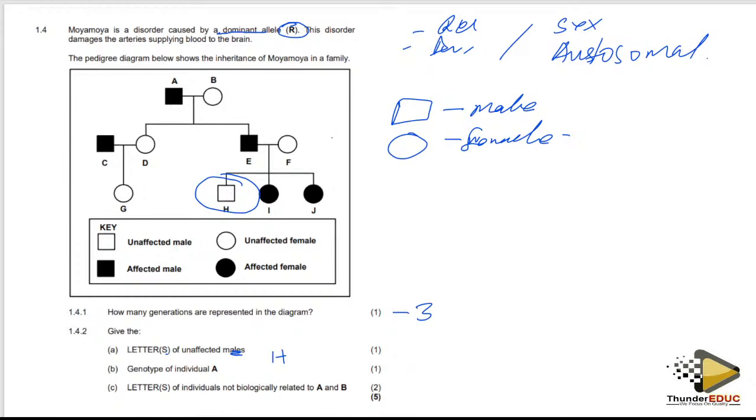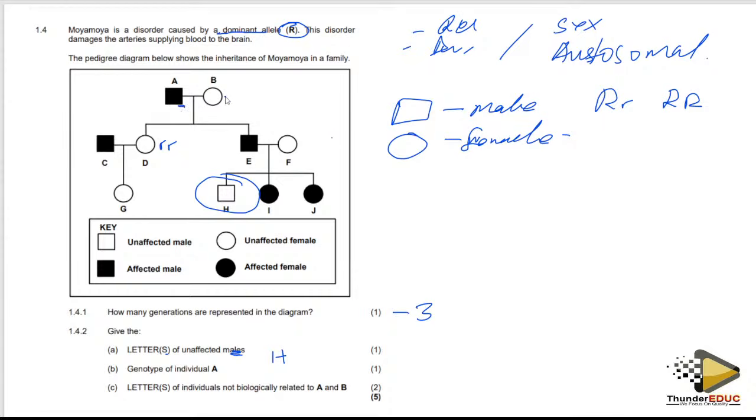And then number 2 produced a kid who is a female, and this kid is not affected. So what does it mean? If this kid is not affected, it means that this person is recessive, small r. And this one is not affected because this is caused by a dominant allele. So individual A can either be capital R, small r, or capital R, capital R.